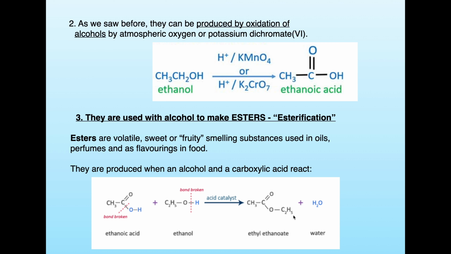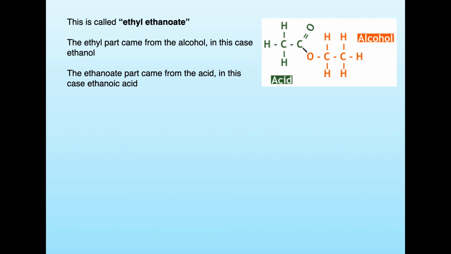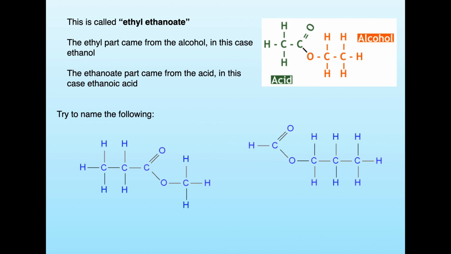The alcohol bit gives it the first part of the name, ethyl, from ethanol. And the acid bit gives it the second part, ethanoate, ethyl ethanoate. Okay, this is called ethyl ethanoate, as I've just explained, because this bit came from the alcohol, the ethyl, and this bit came from the acid, ethanoate. In this case, it was ethanoic acid.